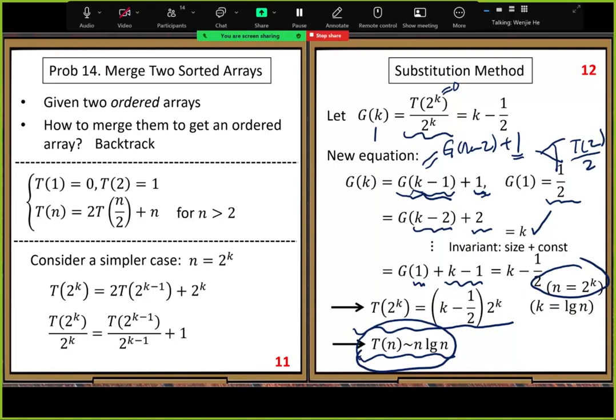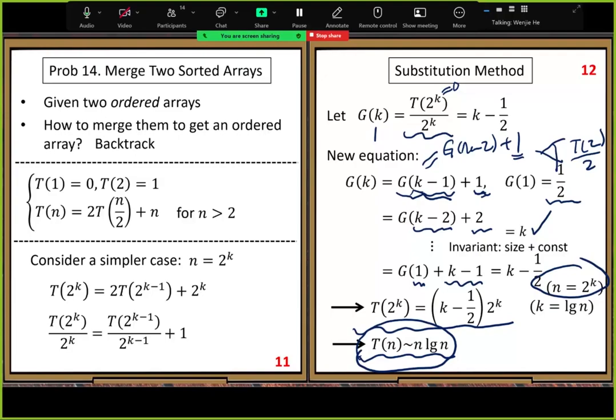Then we know verification is always easier than discovery, right? When you discover a new formula, it's hard. But if someone gives you the formula, you only need to do verification, then it's much easier, right?